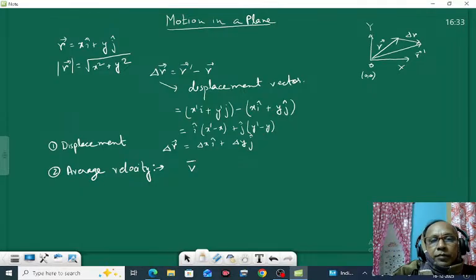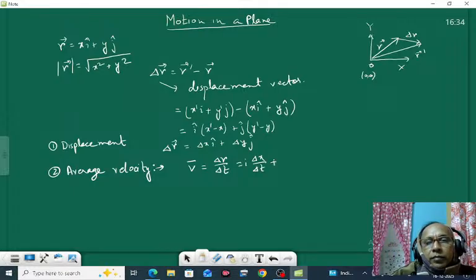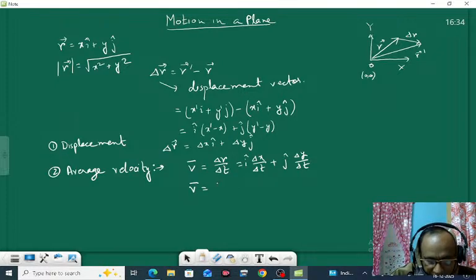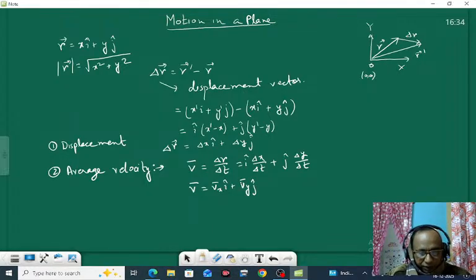Mathematically we write average velocity as del r by del t, and it can be written as i del x by del t plus j del y by del t. This is the average velocity. Or you can write average velocity as vx i plus vy j unit vector.